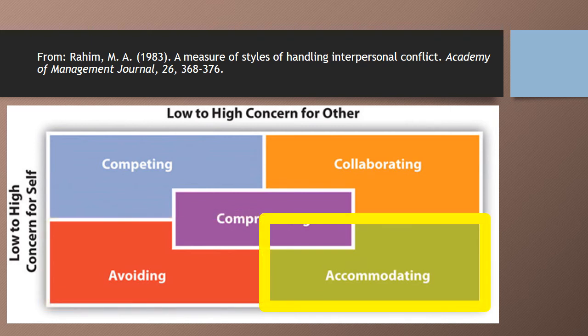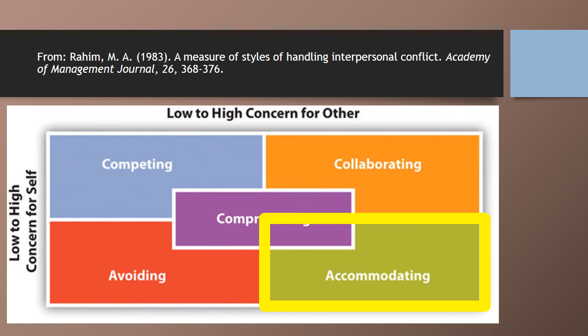The accommodating conflict style indicates a low concern for self and a high concern for other, and is often viewed as passive or submissive, in that someone complies with or obliges another without providing personal input. The context and motivation behind accommodating play an important role in whether or not it is an appropriate strategy.